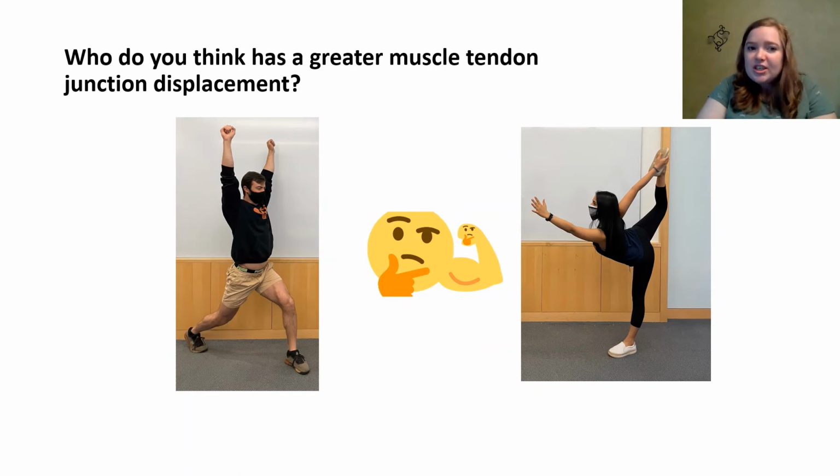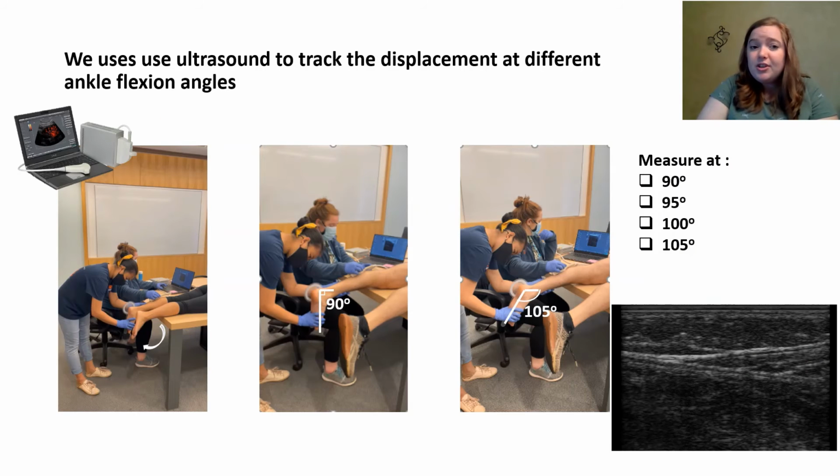So our question is, who do you think is going to have a greater muscle tendon junction displacement? Hunter, who does these explosive, quick movements, or Riddy, who's doing these long, drawn out and holding these stretched positions? So to really look at this, we used ultrasound to track the displacement at different ankle angles.